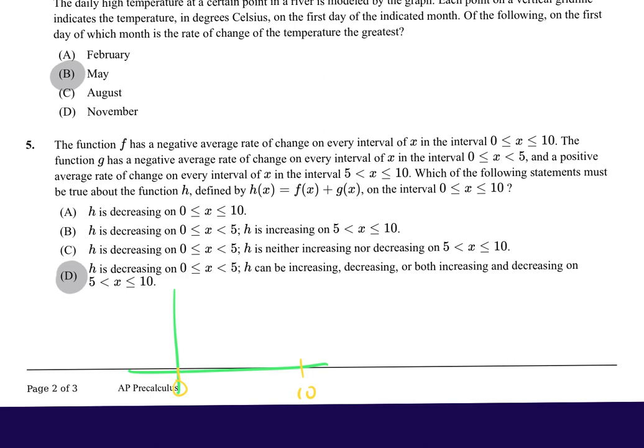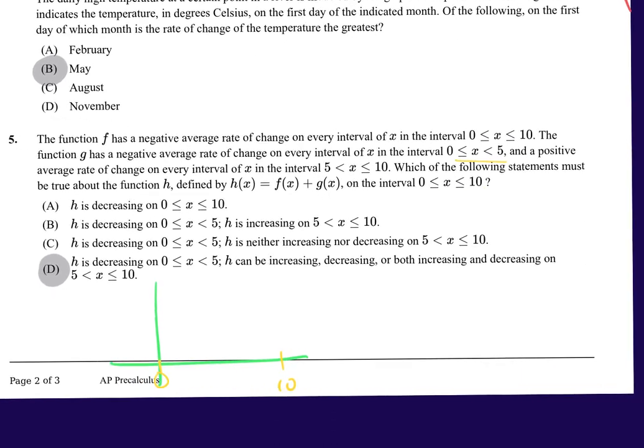And then it says from 0 to 5, it has a negative average rate of change, right? And then a positive average rate of change from 5 to 10. Which of the following statements must be true about function h if I add those two? So these are two different functions.